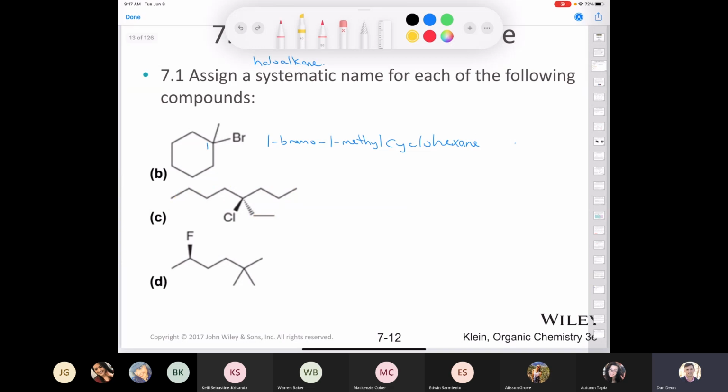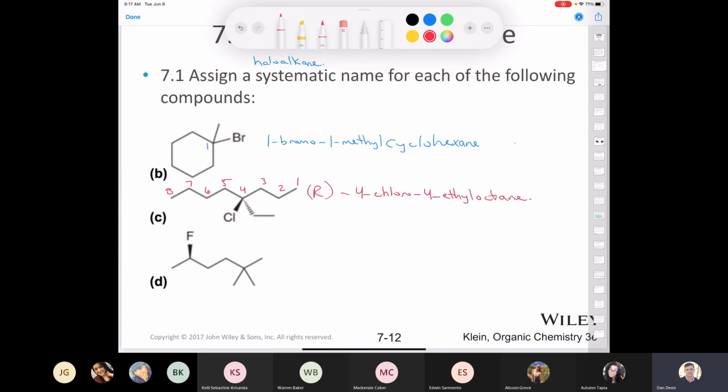So anyhow, it's R. And then we find the longest carbon chain, which goes like this: 1, 2, 3, 4, 5, 6, 7, 8. So it's some kind of octane. We've got an R. We've got a 4-chloro and a 4-ethyl. Chloro is going to come first because C comes before E in the alphabet. So we've got an R, 4-chloro, 4-ethyl, octane.